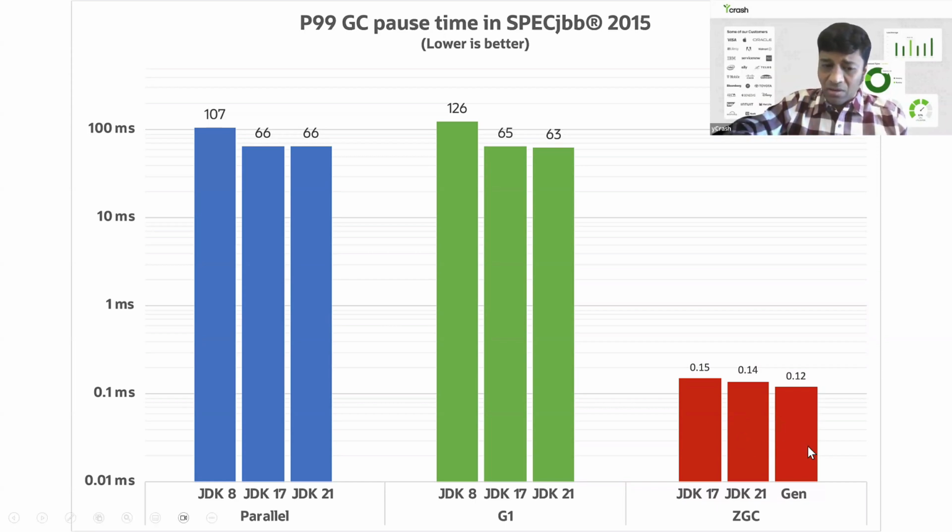And another thing, friends, ZGC does something very clever. They call it an allocation stall. If they see a thread which is creating a lot of objects, they stop that particular thread from creating objects. That thread is stalled and not able to create objects, but other threads are able to function and progress forward.